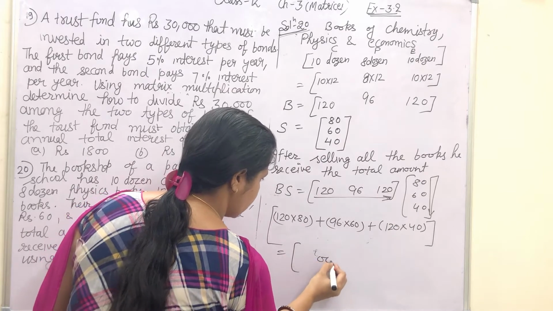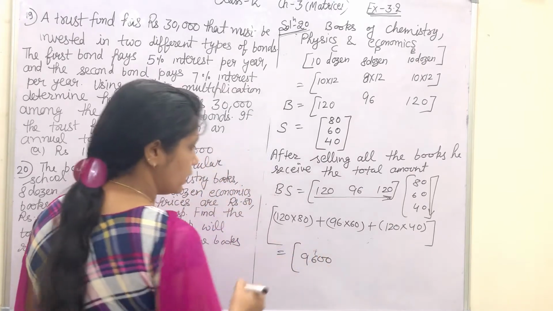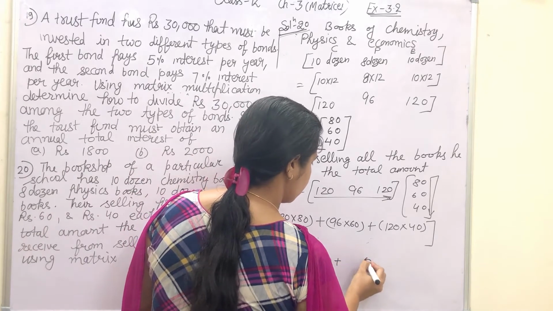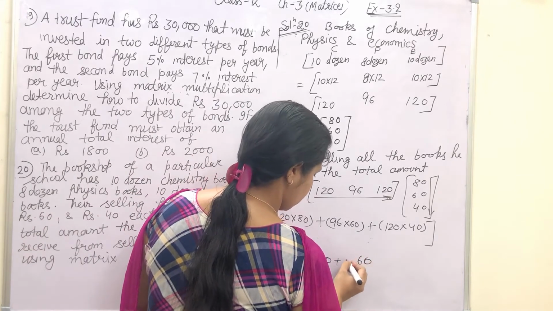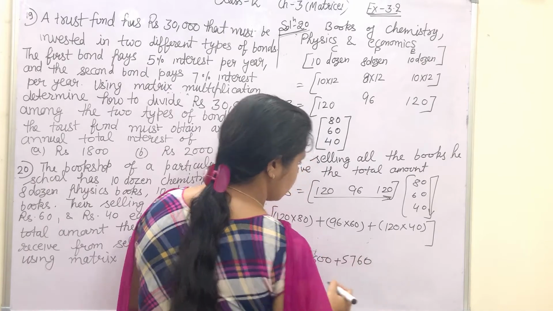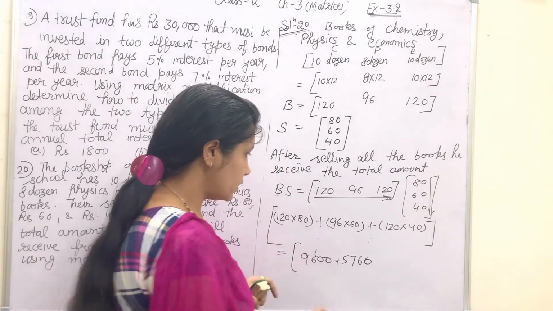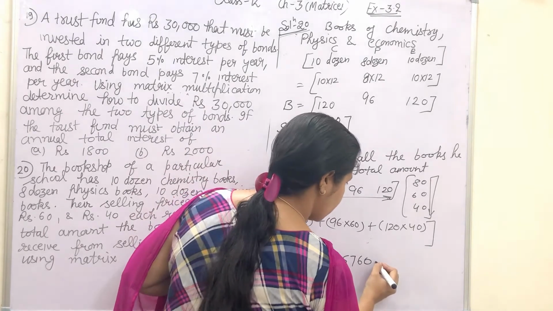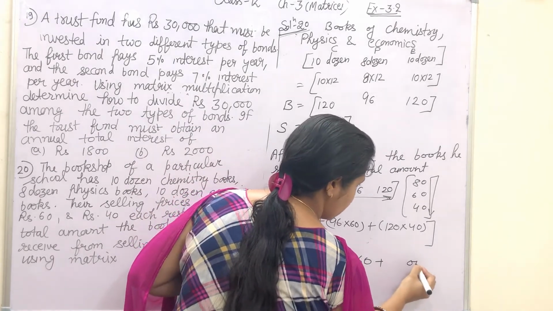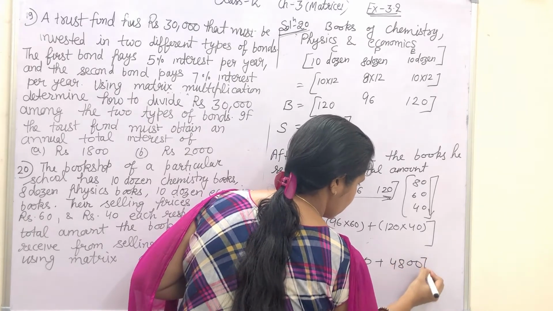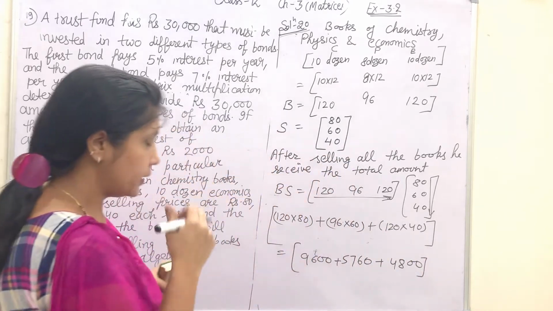Here is 9600 plus 5760 rupees. 5760 plus, you can write here 00, 8 and 14, 4, 4800.